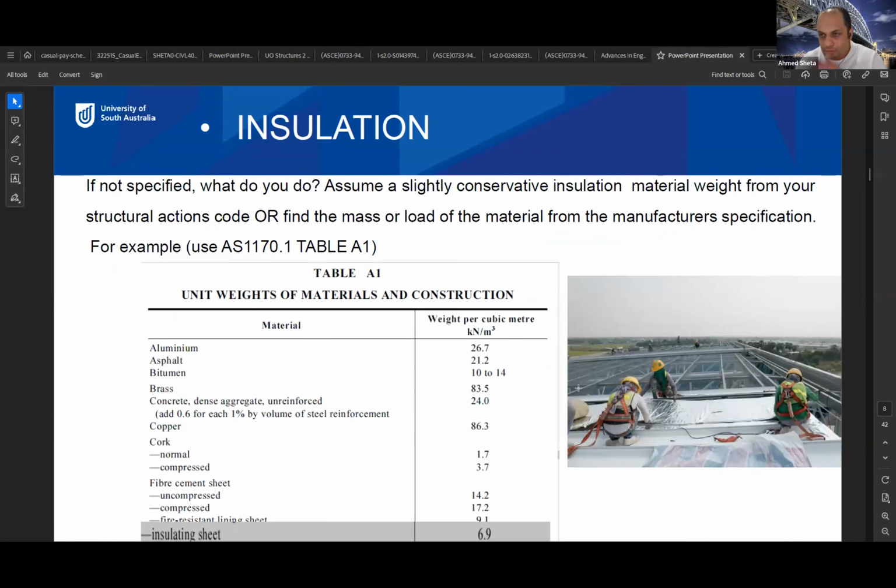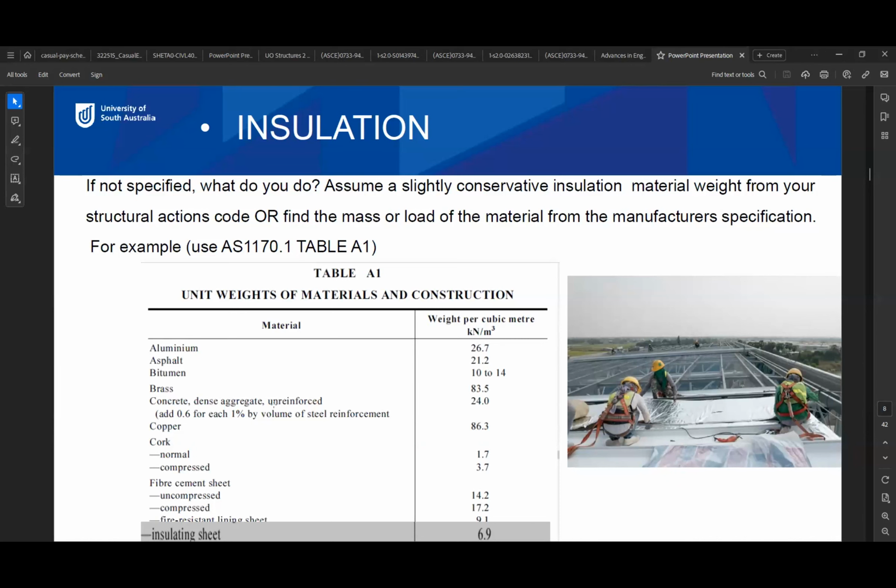insulation. As I mentioned, you can find this also in AS 1170.1, table A1. Again, you can select whatever type is suitable for a domestic shed, because as you know, this is a general table, so it can be used for other uses, not only sheds.